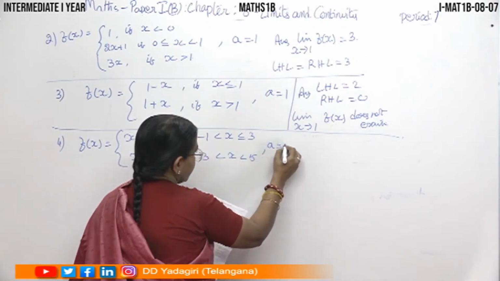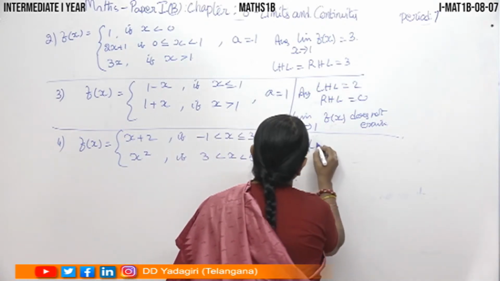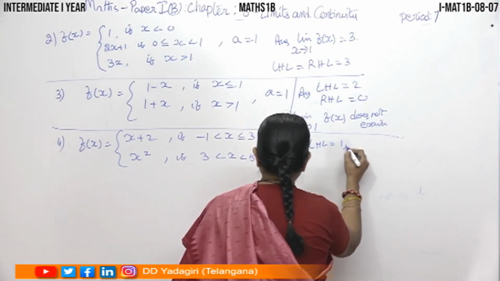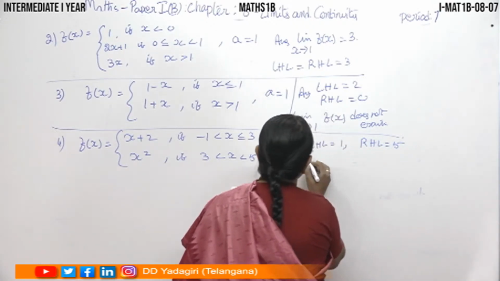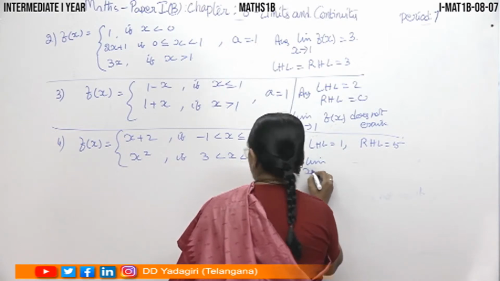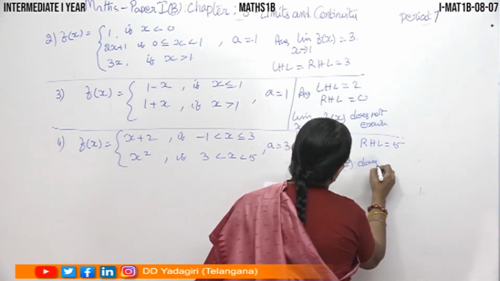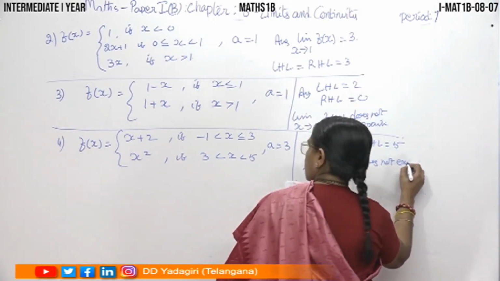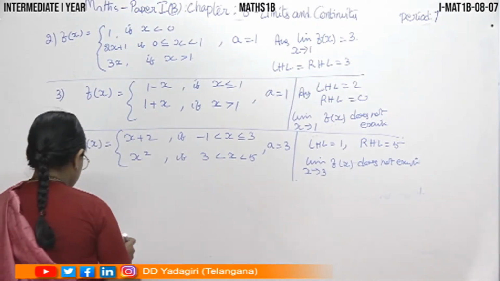You must find that a is equal to 3. So the answer is, again see, left hand limit is 1, the right hand limit is 5, and the limit as x tends to 3 of f of x does not exist. So you can try this problem.